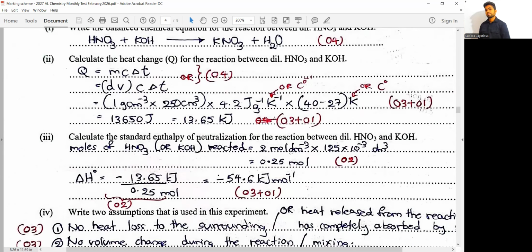Since it is an exothermic reaction, and neutralization is always exothermic, you need to put a negative sign in front. Okay, minus 54.6. And what was the actual neutralization enthalpy, if it is done under standard conditions? The expected one is minus 57. Remember, minus 57.